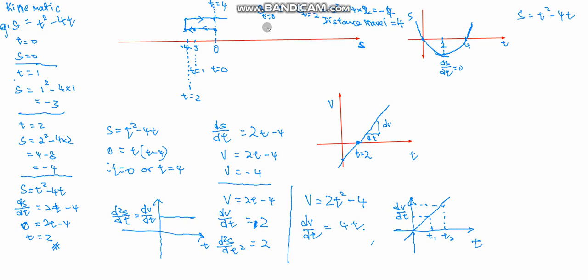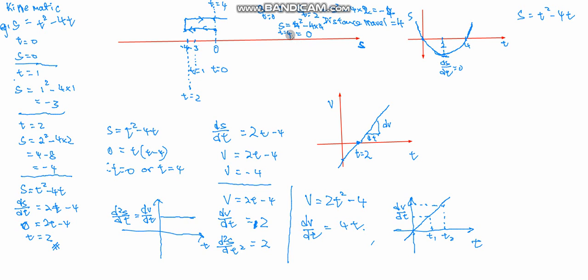If I put t equal to 4, what do you notice? 4 square minus 4 times 4 gives you a value of 0.